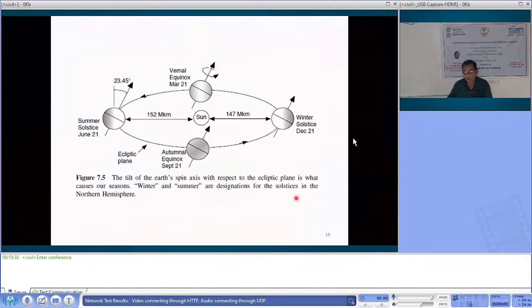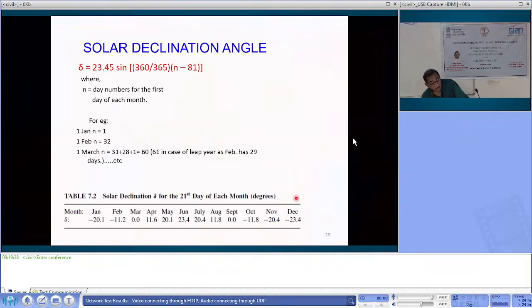Then these 4 important days, and see the sun-earth distance. For summer solstice it is 152 million kilometers, then it is 147 for winter solstice, which means December 21, the shortest day in a year. Others are equinox.